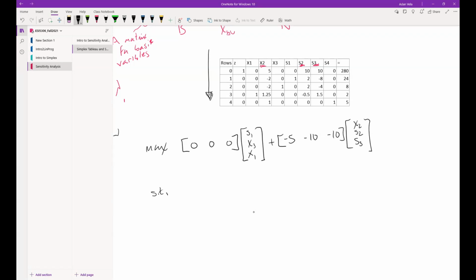For the B matrix, it's pretty straightforward because each one of these is going to have that 0, 1, 0 structure. Let's see, how do we do this?